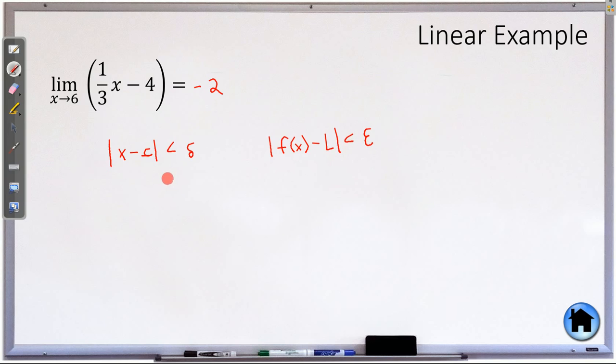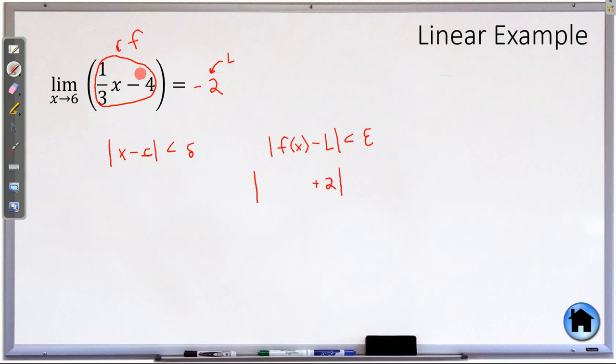Okay? This is the distance away from x. This is the distance away from y. So we're going to work on this side because we can actually do some things. We know what the limit is. The limit is negative 2. So we're going to have minus a negative 2, which becomes plus 2. We can also plug in f of x. F of x is our function right here.